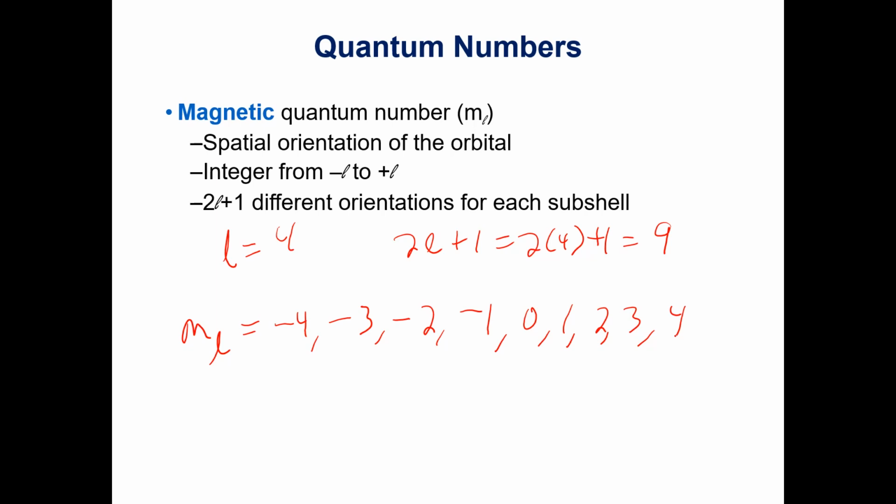You always have to take the negative of L and go all the way to the positive value. And if you count those up, we have 1, 2, 3, 4, 5, 6, 7, 8, 9 different orientations for the m sub L subshell.